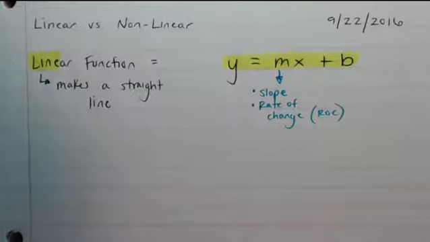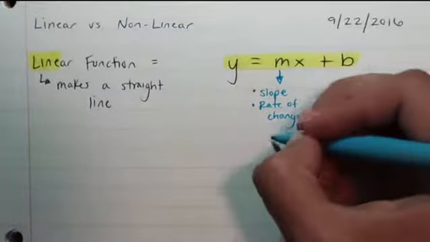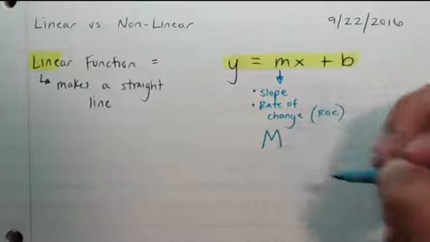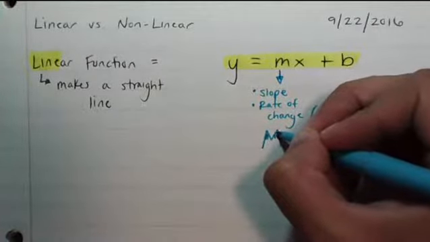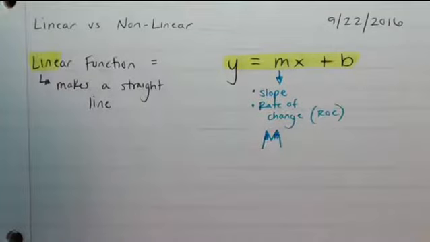Now I'm not sure exactly why they chose m, but this is one way that I remember that the m represents the slope. Okay, if you actually draw a capital M, you can make it look like a ski mountain, like a mountain. Okay, and you usually ski the slopes of a mountain. So that's how I remember that M represents the slope.